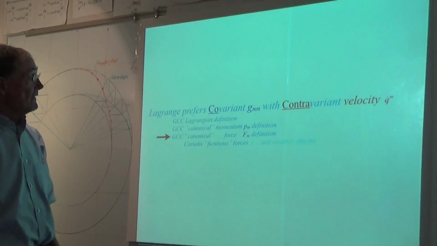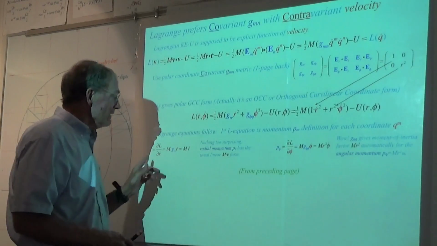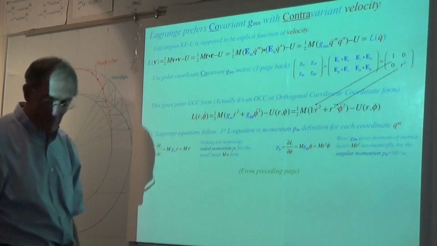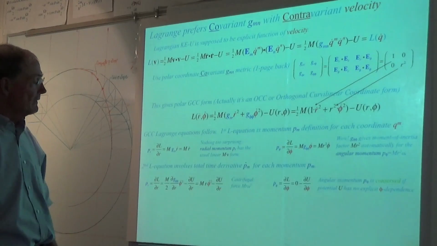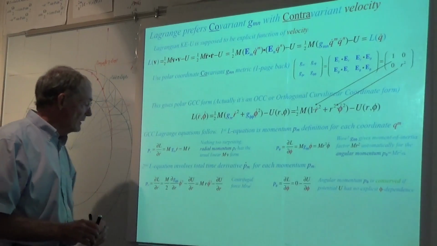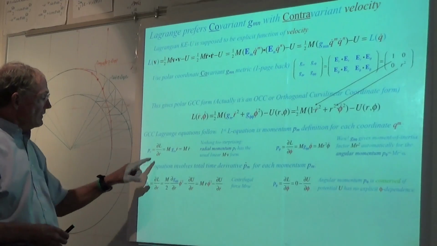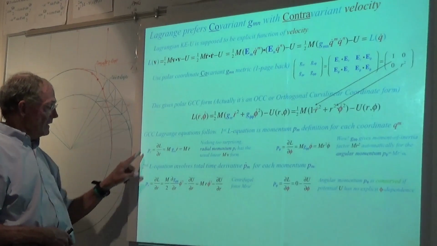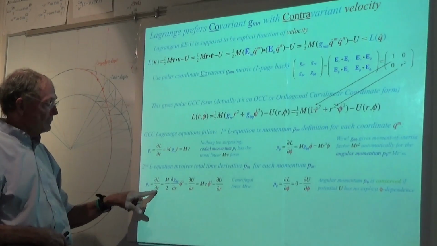Now, what about forces? Also wonderful. We already did the momentum, and this is just a slide from a preceding thing. I'm just breaking the flow here a little bit. The other Lagrange equation: now I take the dot off of the coordinates and stick it on the momentum. p dot r equals partial L with respect to r.